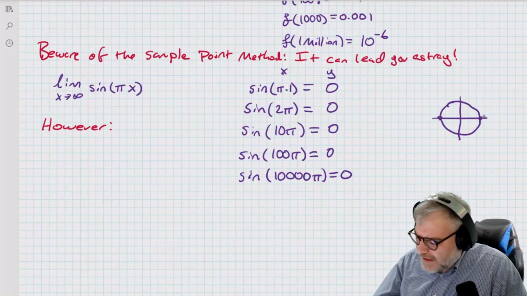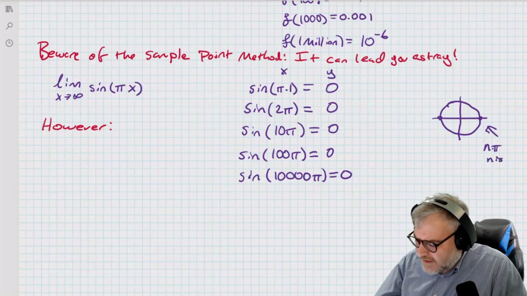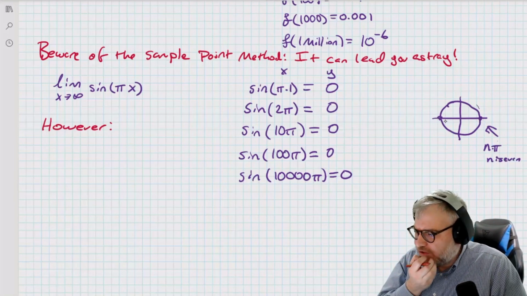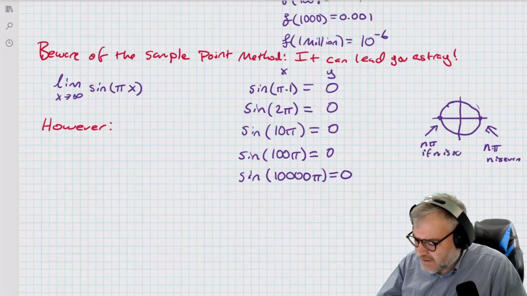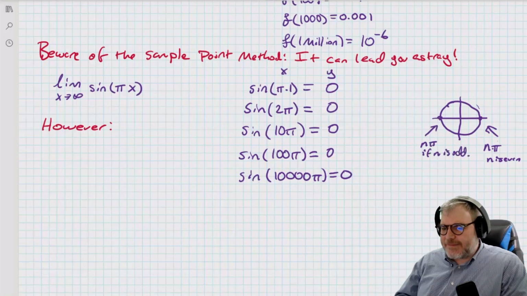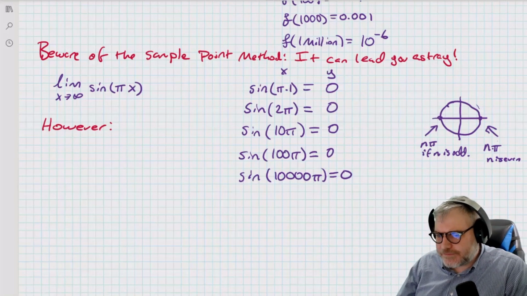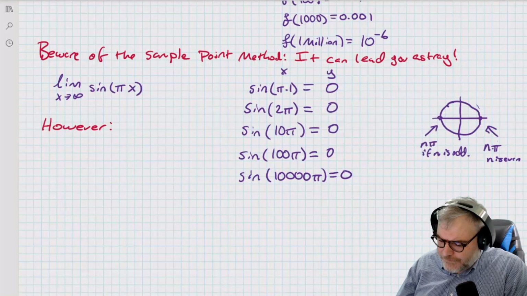Now, every time I'm even, n times pi, n is even, I am here, because I've gone all the way around the circle every 2 times. This right here is n pi if n is odd. Okay? It's a good question.